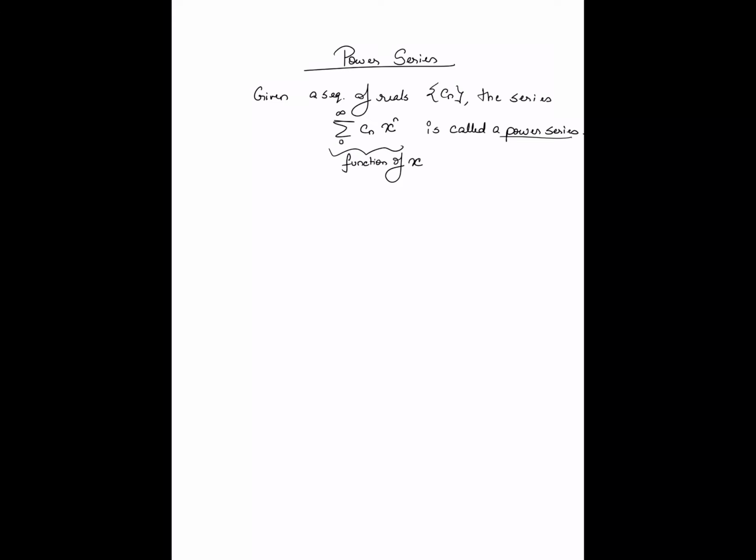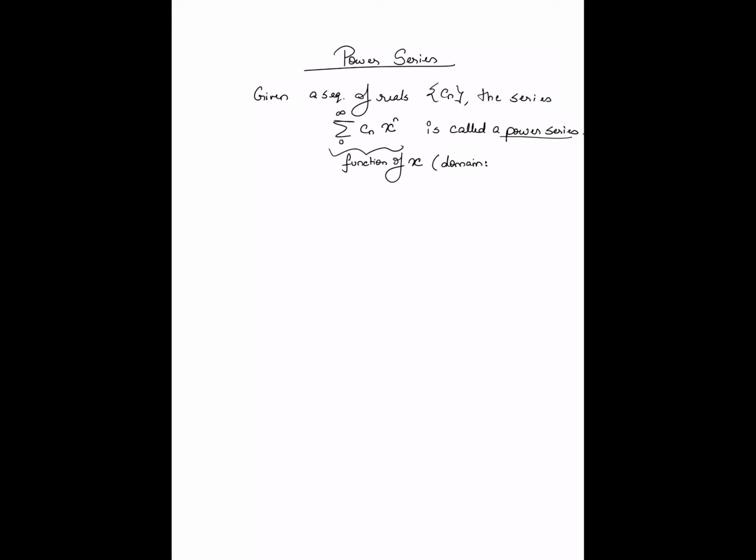So if you fix any real value x, then summation 0 to infinity Cn x raised to n is a series, of the kind that we have been studying so far. It may converge, it may diverge, and so on. So that function of x is called the power series. What does that mean? When this series converges, we interpret this function to take the value associated with the limit.